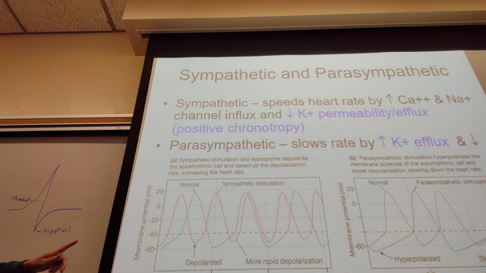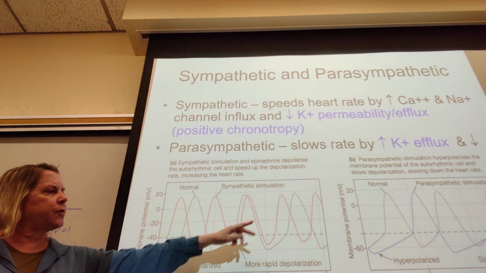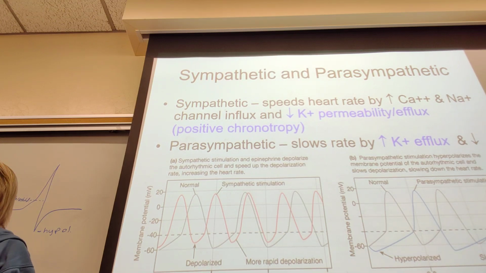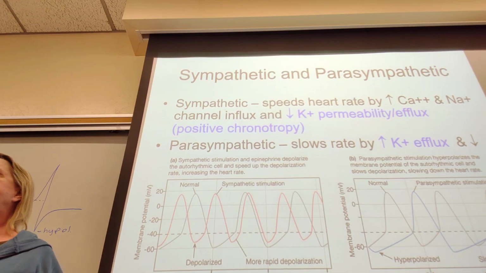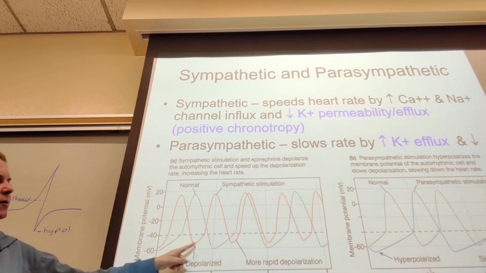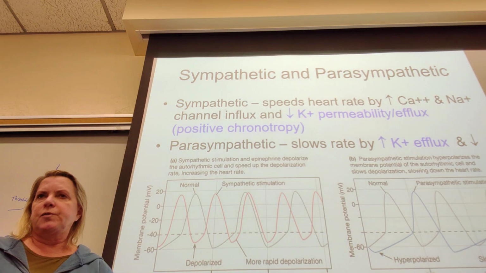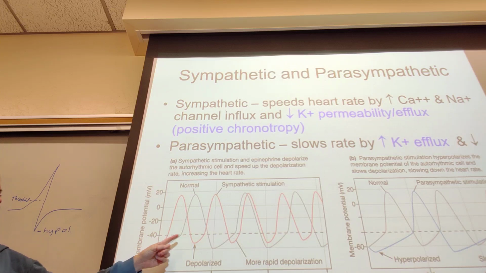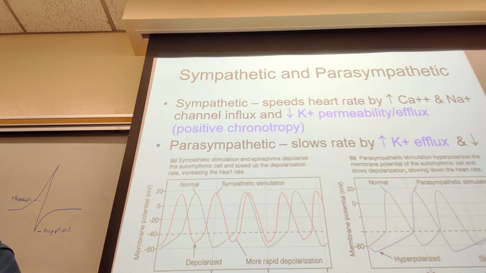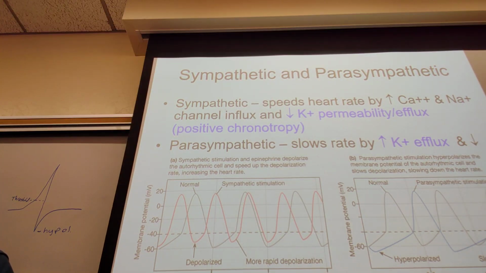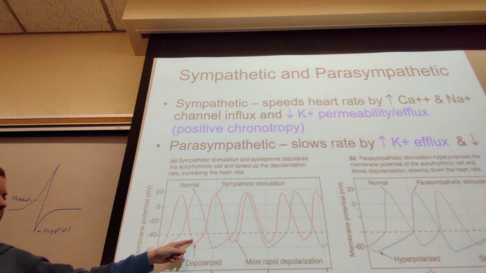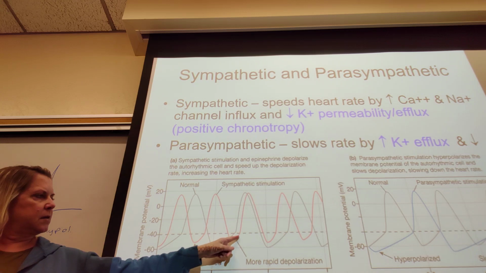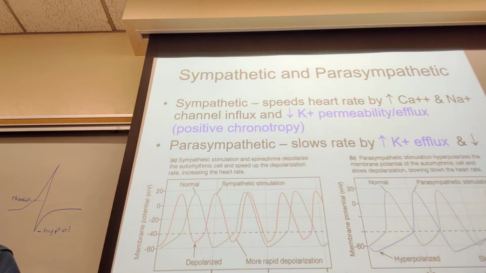Now, in gray here, in both charts, you're seeing normal sinus rhythms. You can see the steepness of that prepotential slope. For the sympathetic division, look what happens to that prepotential slope. It's reaching threshold faster, isn't it?